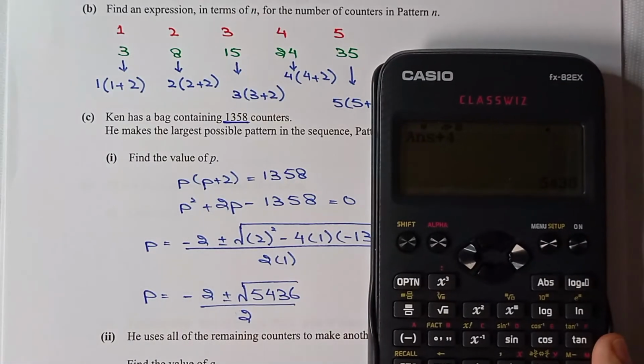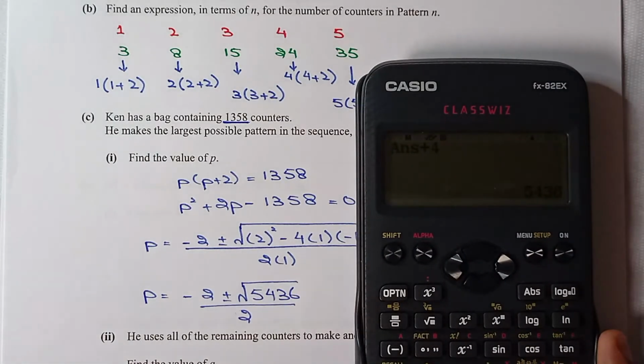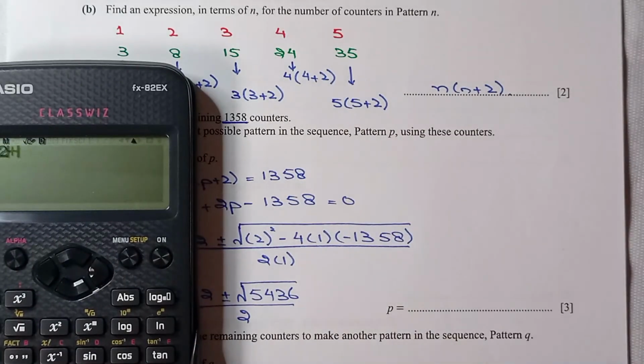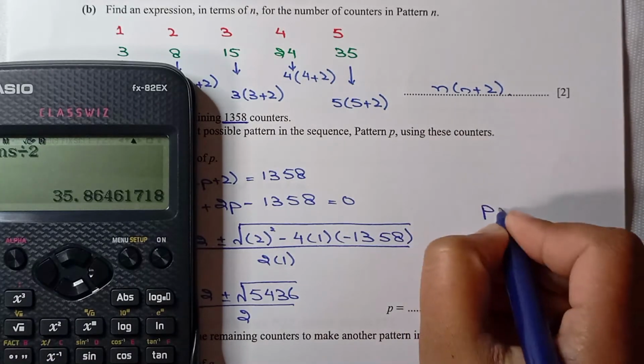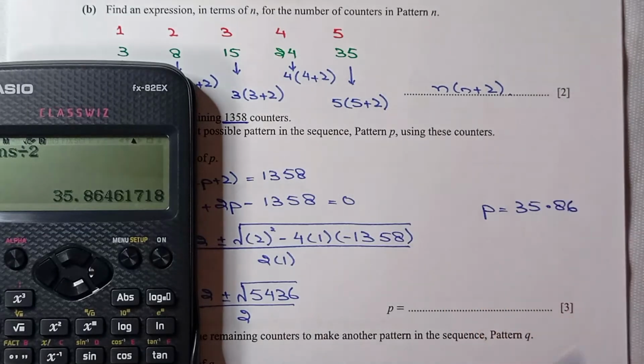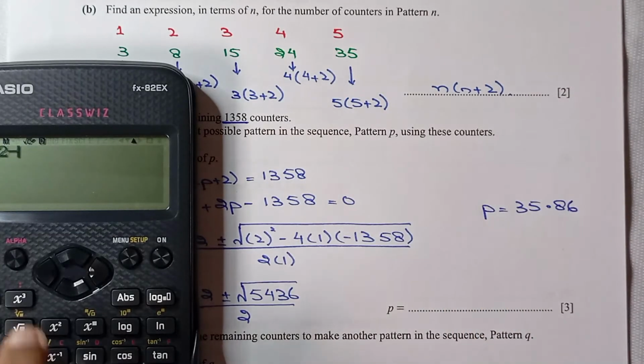Okay, so we have two values for P. So let me find both of them one by one. Negative 2 positive square root of 5436 divided by 2 is 35.86. And for second, negative 2 negative square root of 5436 and then divided by 2.